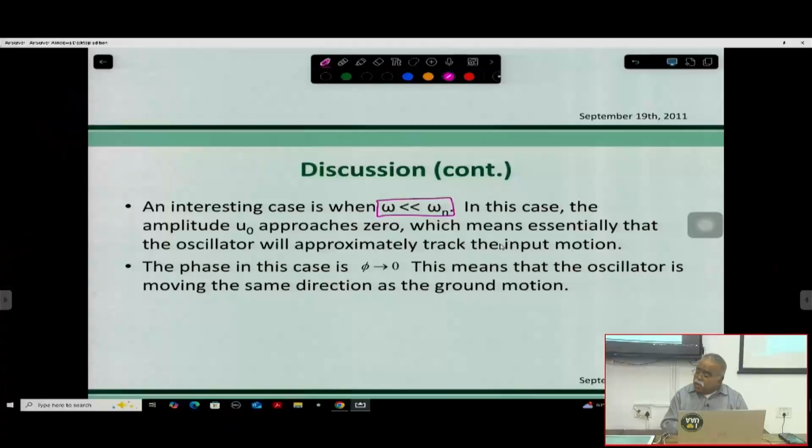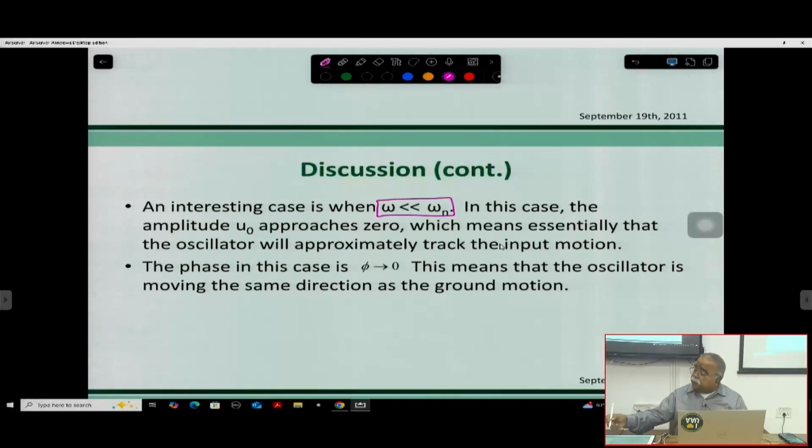So what will happen then? Then the building will not respond at all, right? So U0 is more or less 0.